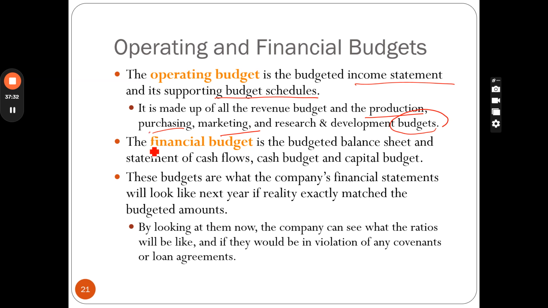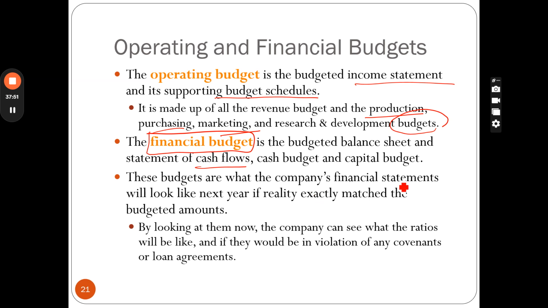Then we will have to prepare the financial budget. This is the budgeted balance sheet and statement of cash flows. We have discussed the financial budget in the previous slides. So now you have to prepare a statement of cash flow or cash budget and capital budget.